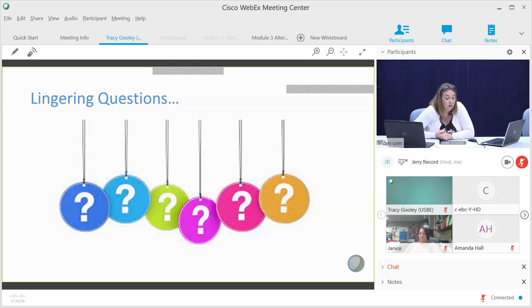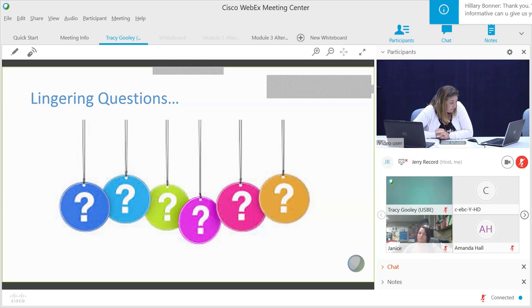If you find, wow, I think this skill set would be better placed in this performance level, or is a better fit maybe with a different essential element, please send me an email and let me know. So that's the feedback we're looking for this year. And with that, I say good luck and let us know if there's any other assistance you need with administering the KEEP or the alternate KEEP to your kindergartners this year.